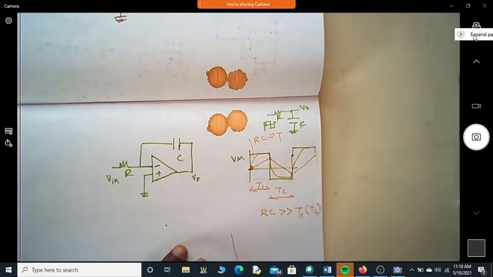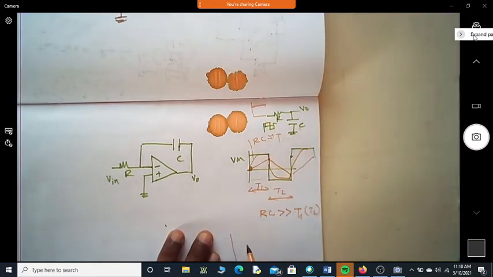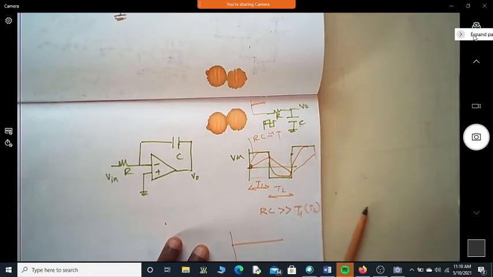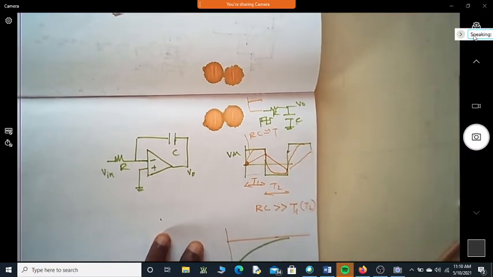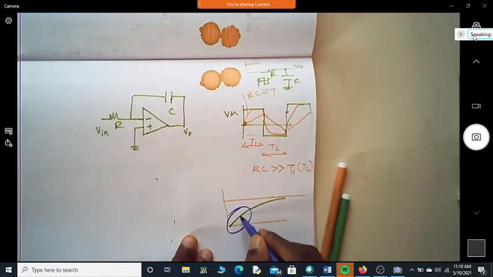Am I correct? Suppose for this circuit you apply DC voltage, will it actually charge like this? Will it go like this, an exponential charge? In this exponential, suppose you consider only this part, will it look almost linear?